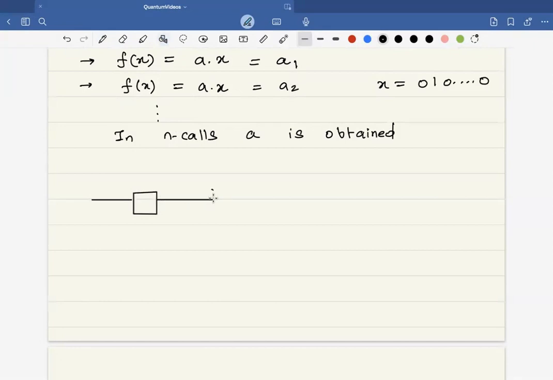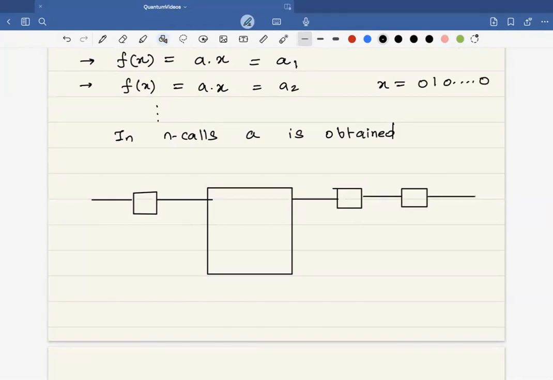Let me just draw the circuit for this. It looks identical. These are the initial states as before.